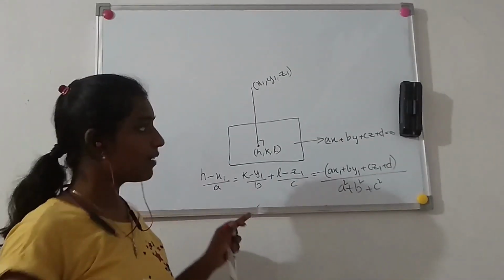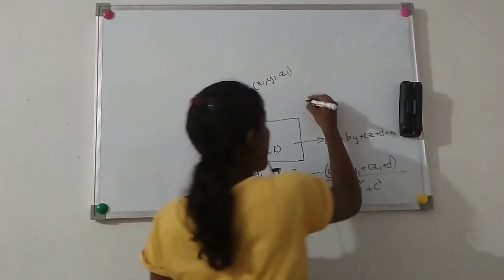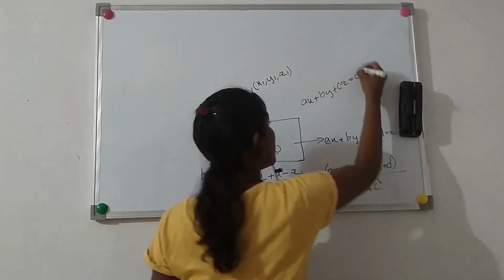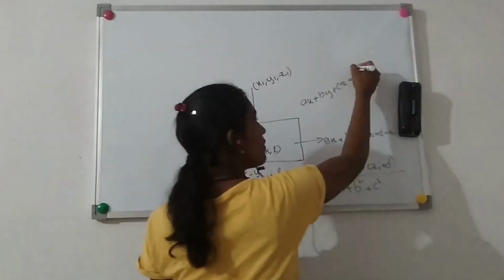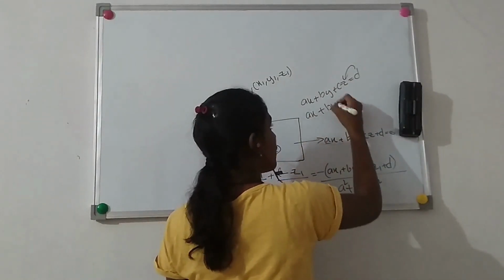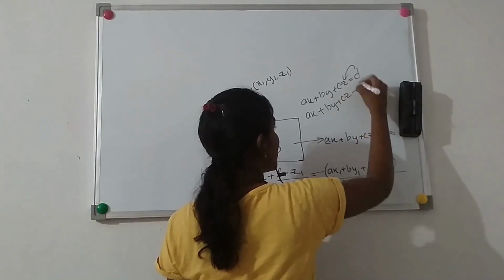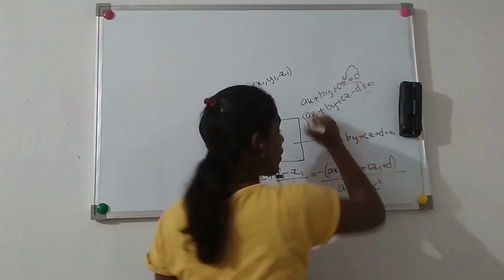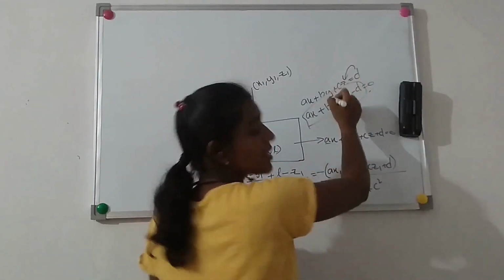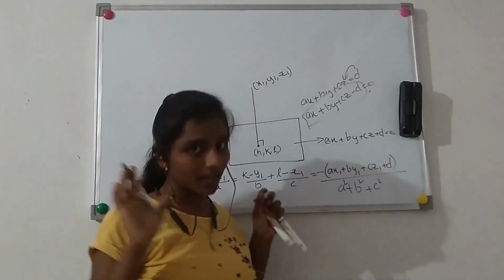This is for the form ax plus by plus cz plus d equals to 0, but if your equation is of the form ax plus by plus cz is equal to d, then definitely you bring the d to this side, so your equation becomes ax plus by plus cz minus d equals to 0, and you put x1, y1, z1 in this equation. Clear?